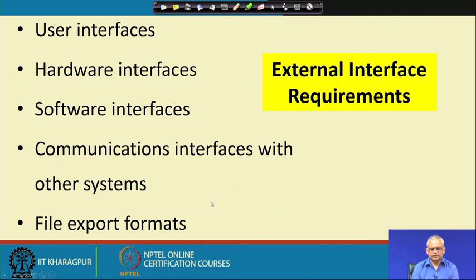And then the external interface requirements; this is also an important section. We need to document the requirements for the user interface, the interfaces with other hardware with which it needs to work, and with other software.